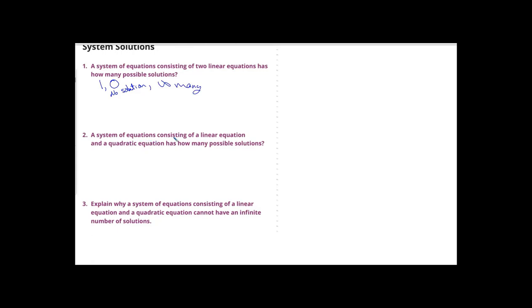And if we have a system of equations that consists of a linear equation and a quadratic, well, we could end up with 2 solutions, 1 solution, or 0 or no solution. And we cannot have infinitely many like we talked about in class because there's no way that a line and a parabola can completely overlap.